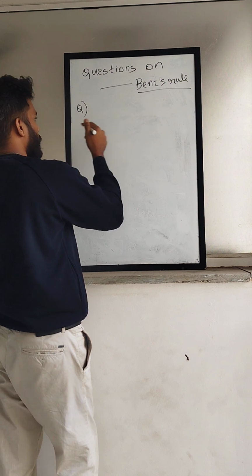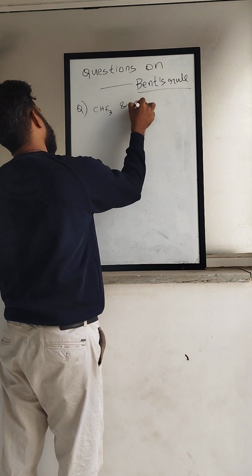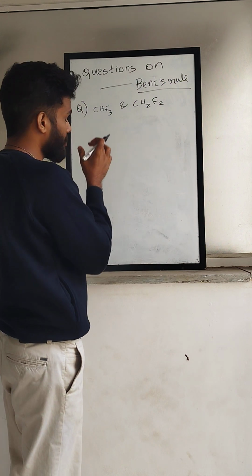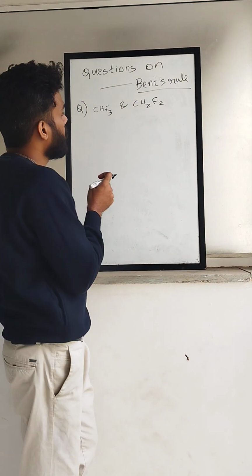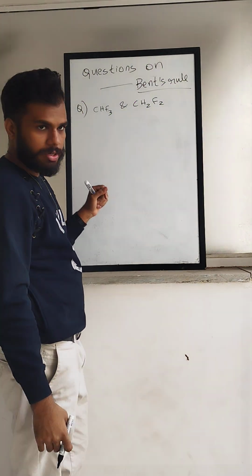Okay, now the next question. We have CHF3 and CH2F2. I'm not writing the whole question, I'm explaining it. So we have CHF3, which is fluoroform, and CH2F2.